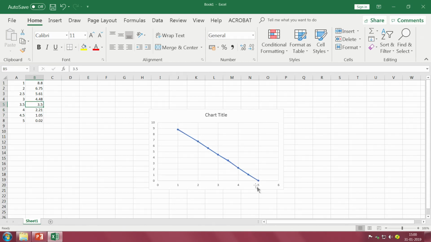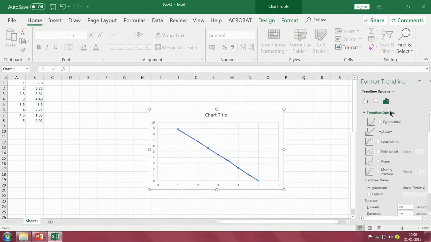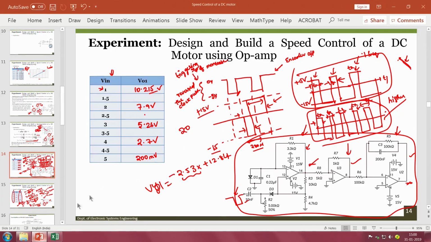But it is completely linear, and when I look at the equation, we are getting somewhere around minus 2.21 x plus 11.123. Even in our design we had realized minus 2.53 x plus 12.84.